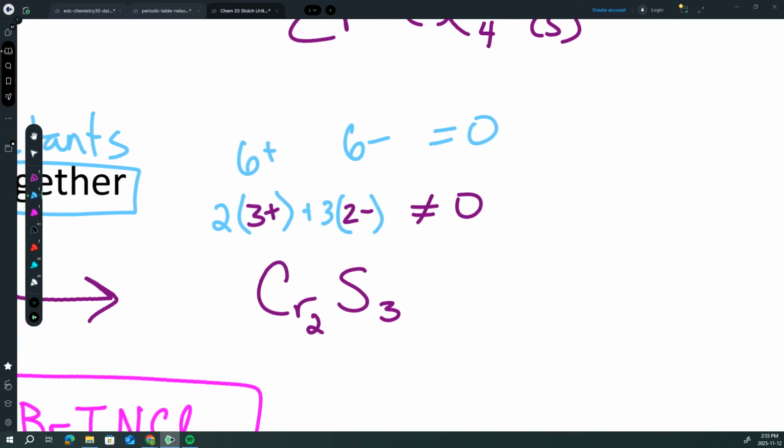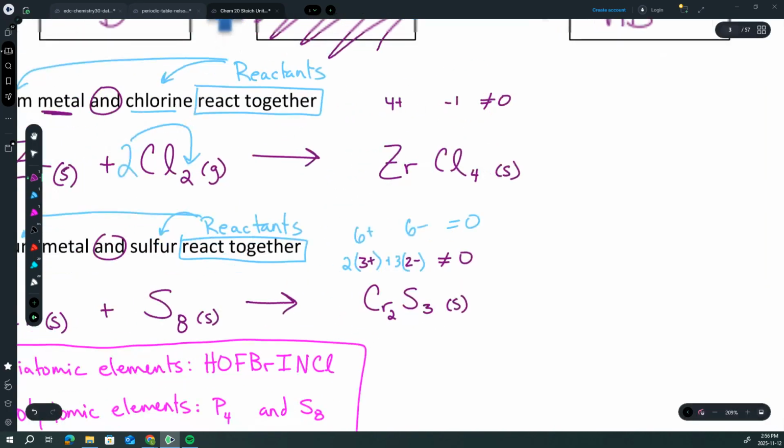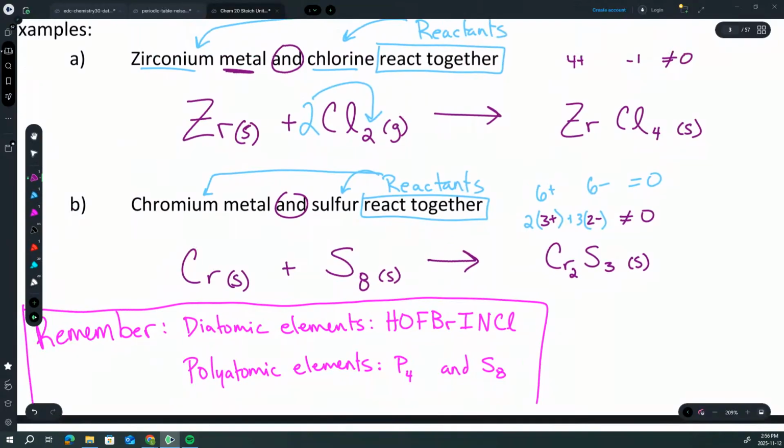Okay, now since this is an ionic compound, so we have a metal with a nonmetal, and the question didn't specify what state this product was at, we can assume that it is in a solid state. Okay, so right now we have a skeleton equation. So each of the compounds are balanced, but the overall equation is not balanced just yet.